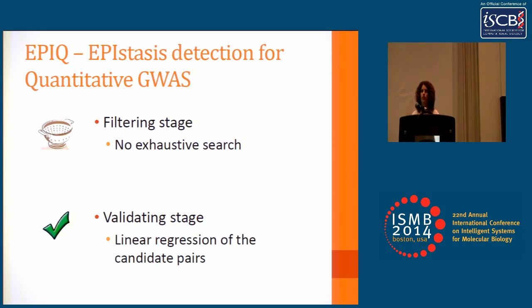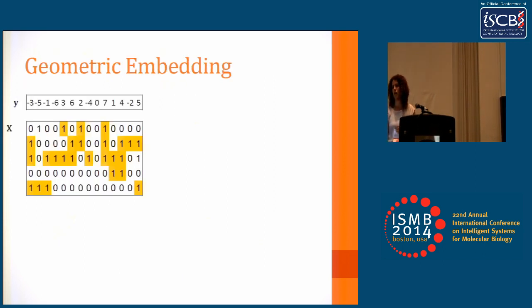It applies a filtering stage, which finds a subset of SNP pairs which are suspected to be interacting. And those pairs are passed on to a validation stage, where they are tested using linear regression. And that is how we gain that improvement in runtime, by not going through all of the possible pairs.